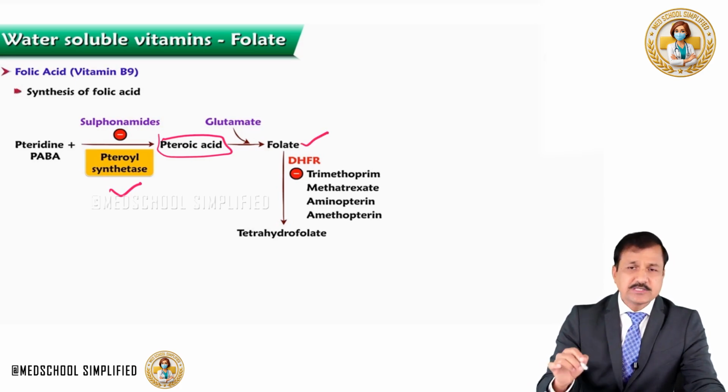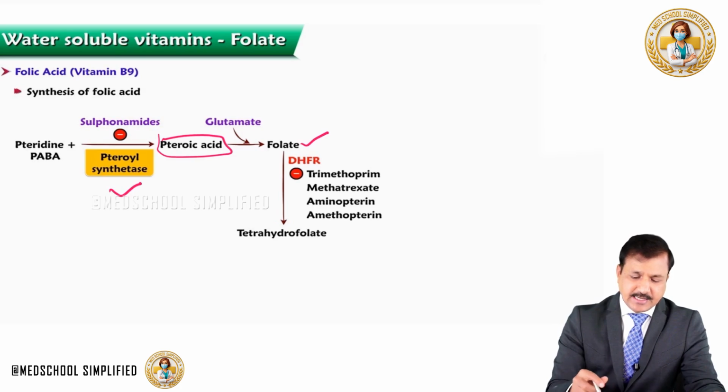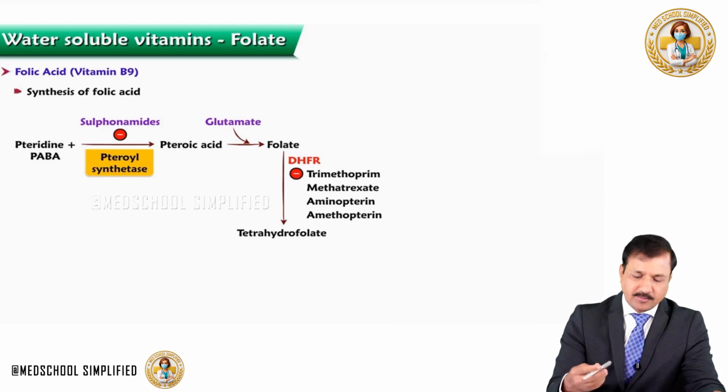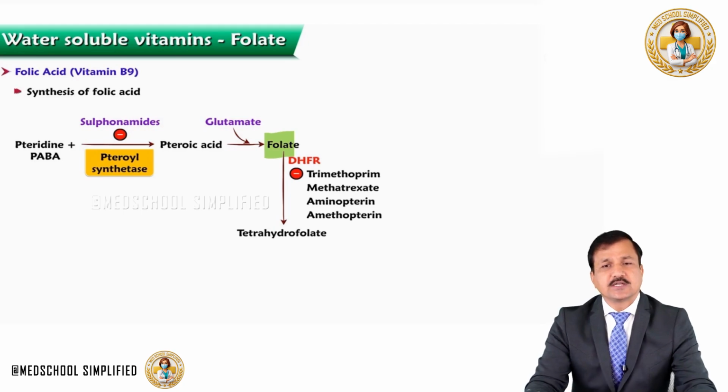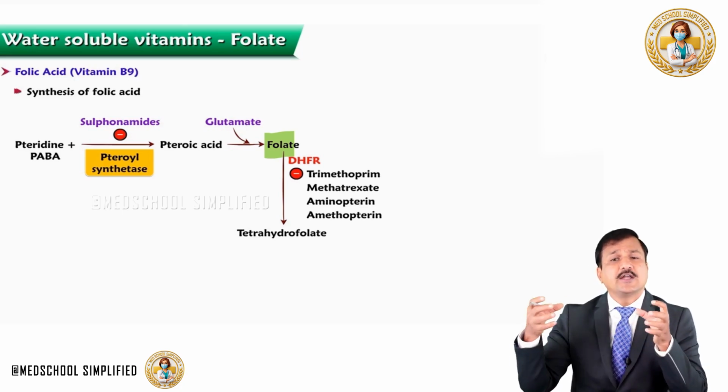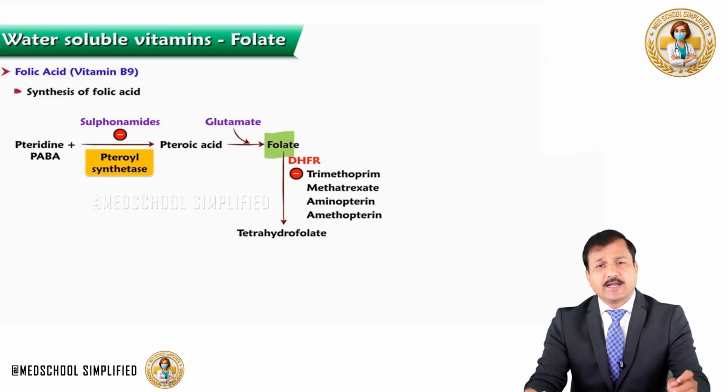Okay. So, once we get folate, it is now attached with 1 glutamate molecule. Folate is attached with 1 glutamate, and that glutamate is attached with 5 more glutamate molecules. Basically, pteridine with para-aminobenzoic acid makes pteroic acid, which combines with glutamate to make folate, and to that folate additional 5 glutamates will be added.